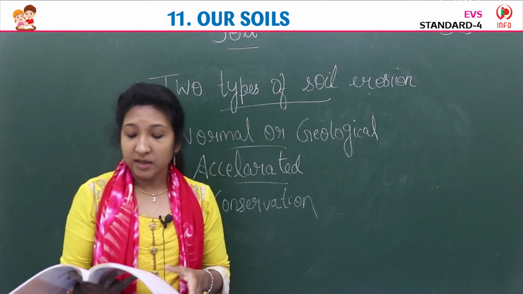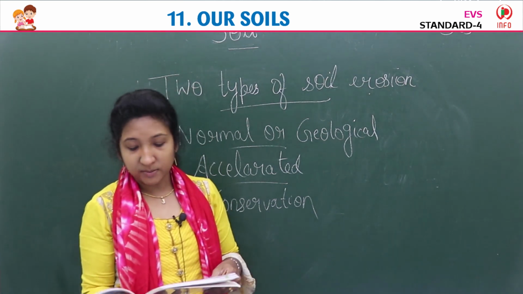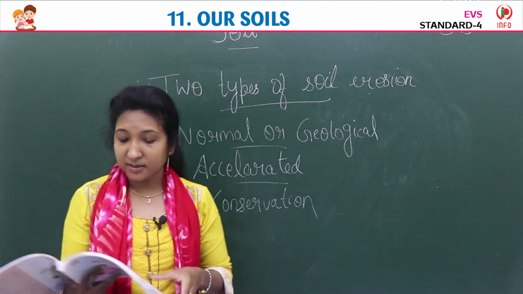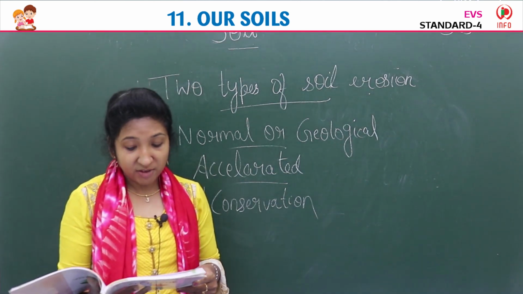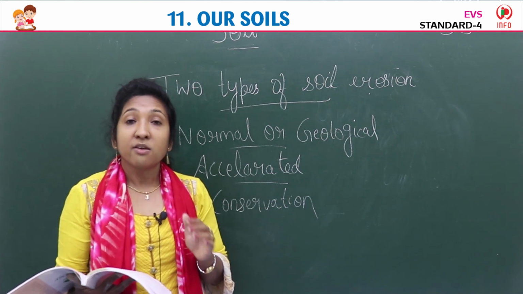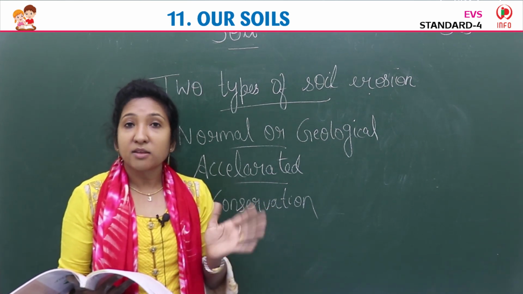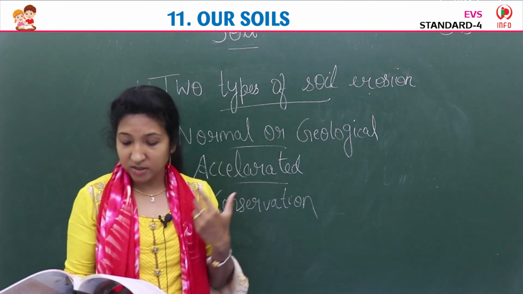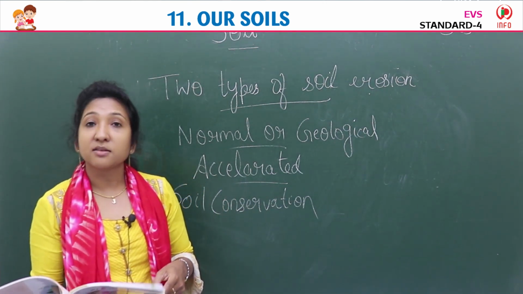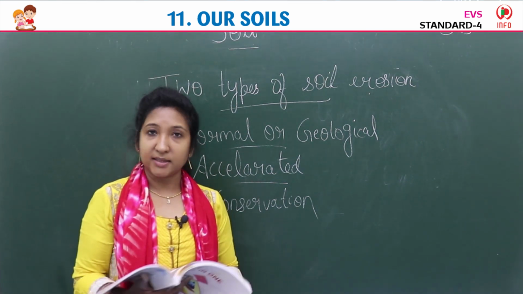So soil is a very important natural resource. We must take good care of soil. We need to protect the soil. When we cut trees, topsoil is washed off. That's why we won't allow anyone to cut the trees. Instead, we plant trees. These are the main things we learned in the lesson.